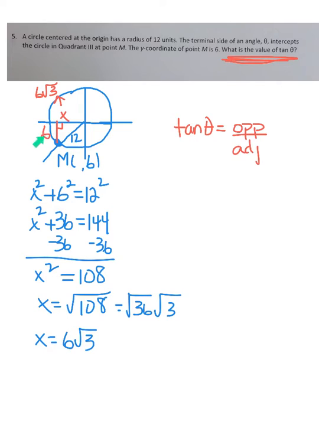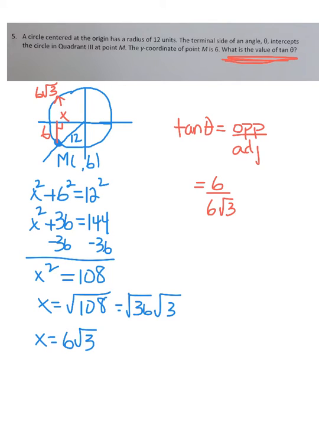There's my opposite side, that's 6. And my adjacent is the one that's right next to it, but not the hypotenuse, so that would be this one. So I'm going to do this again, opposite over adjacent. Okay, so that's going to leave me with 6 over 6 radical 3.